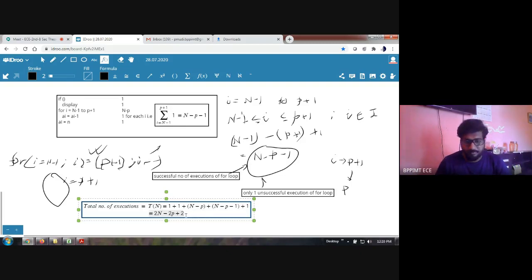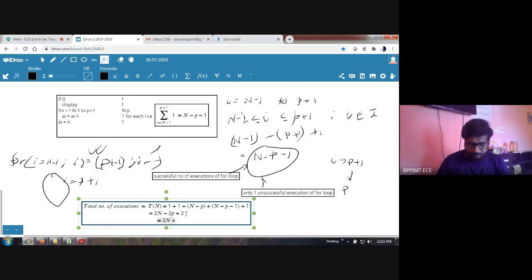So in the next line we can write 2n plus k, where k is equal to 2 minus 2p, and k is a constant.